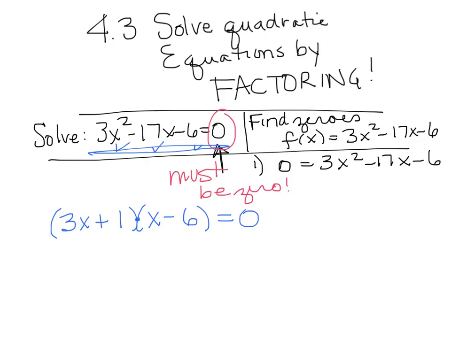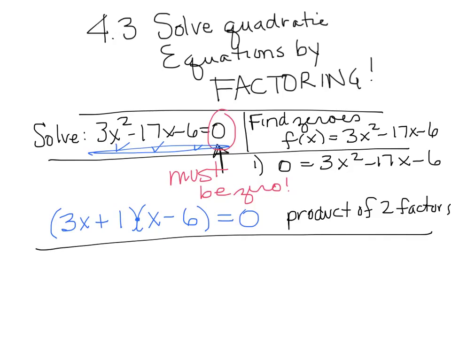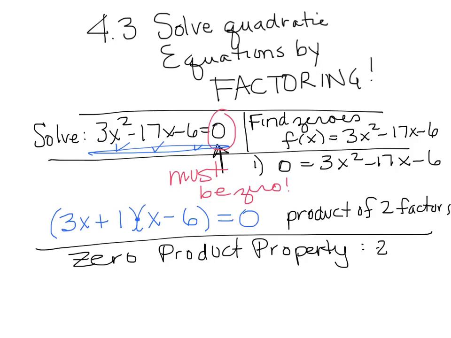Because I'm in factors, this is a product of two factors. And what we can do is a very special thing called the zero product property, referred to as the ZPP.